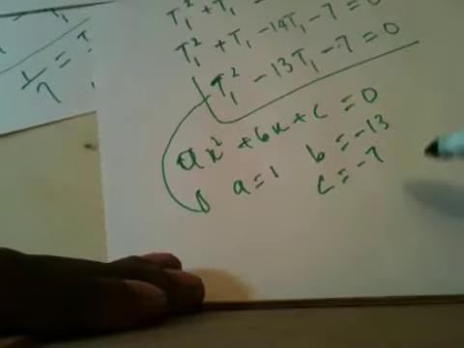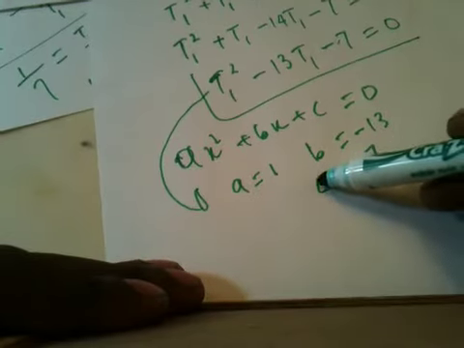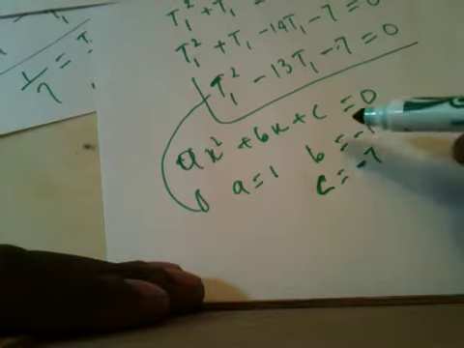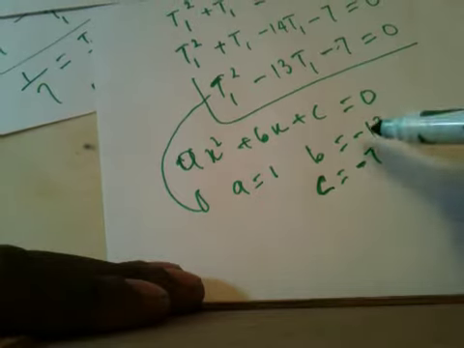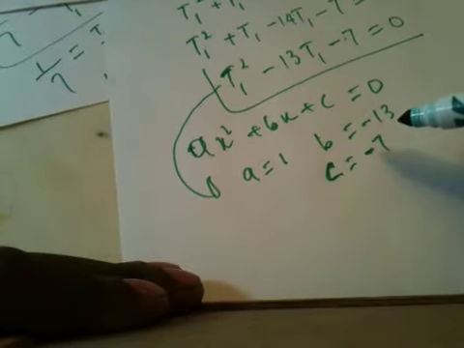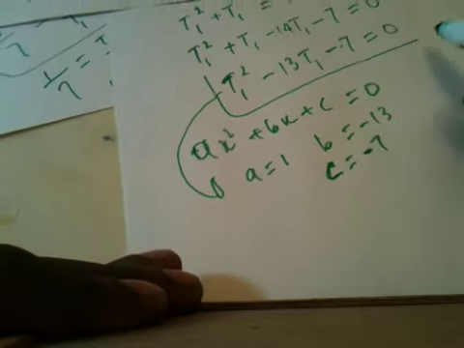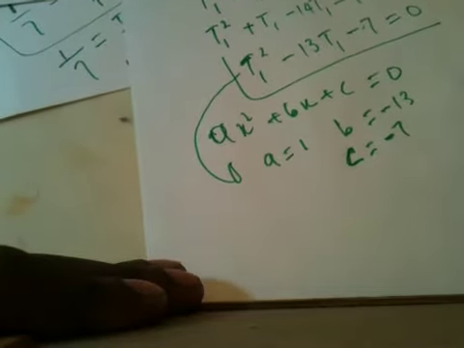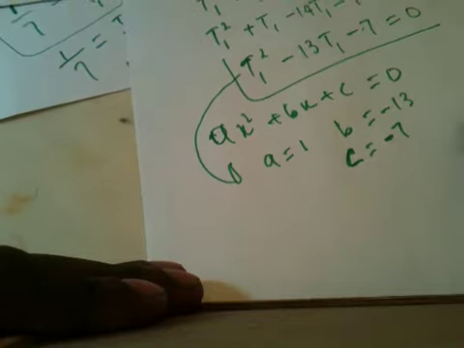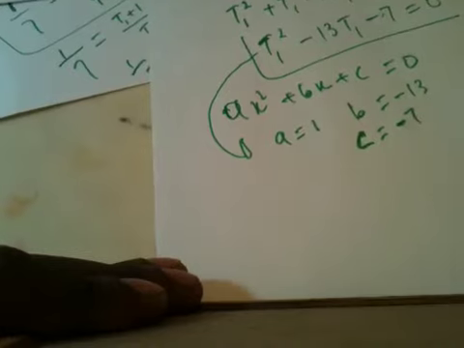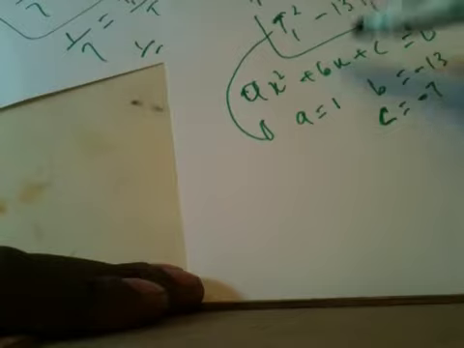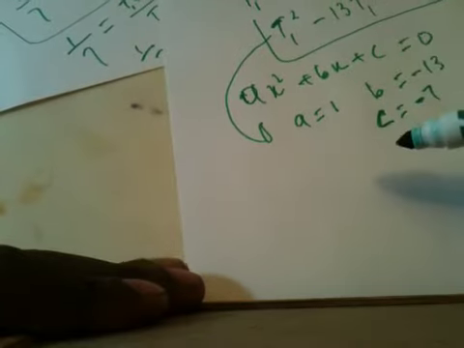C is the product of the two solutions, so one will be positive and one will be negative, and then I know for sure that the solutions are real, just by looking at the coefficients of my equation. That's a good way to predict what is going to happen.